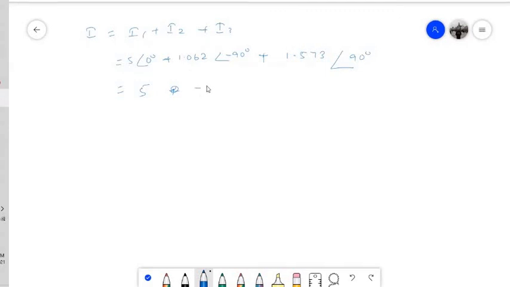You will be getting minus j 1.062. Similarly here you will be getting 1.573 j. So it is 5 plus 0.5 j ampere. You can express this in polar form. You get 5.026 with phase angle tan inverse 0.511 divided by 5, you get 5.84 degree.